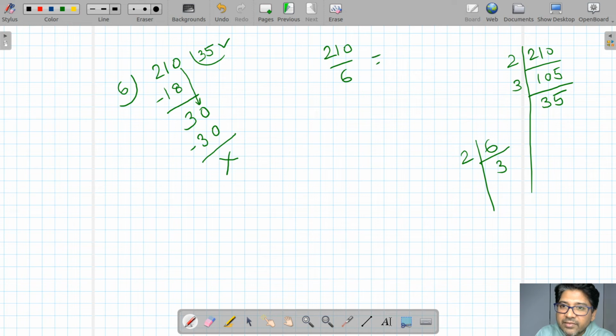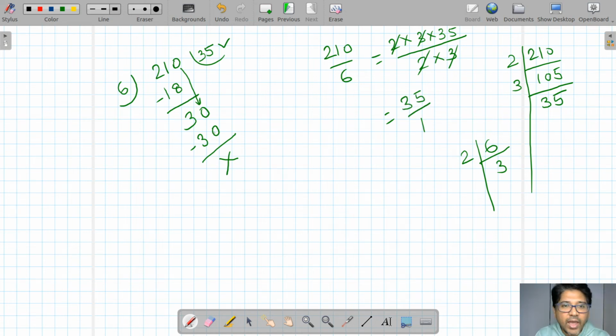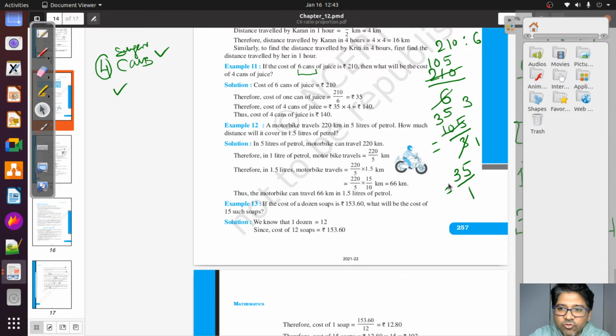Now I will write this LCM part: 2 into 3 into 35 divided by 2 into 3. So you cancel out these two. You are left with 35 is to 1. So everywhere you can see you will get the same answer every time. Any method you can follow.